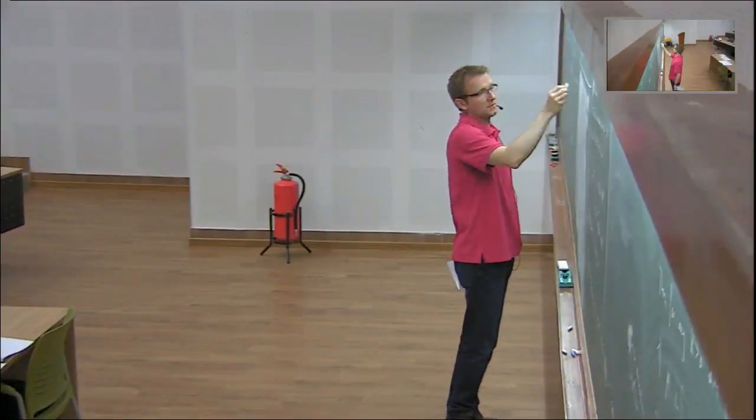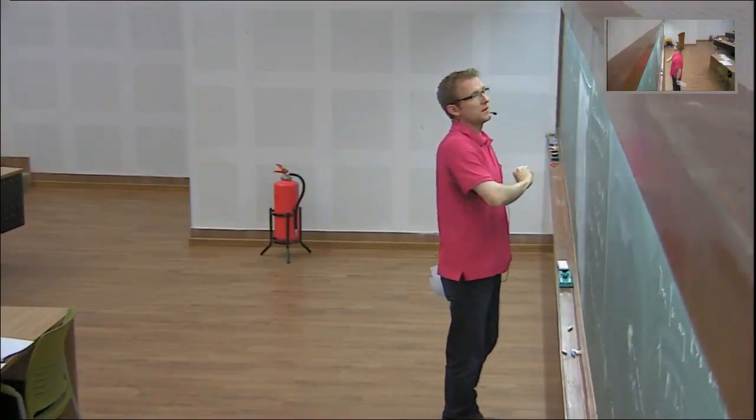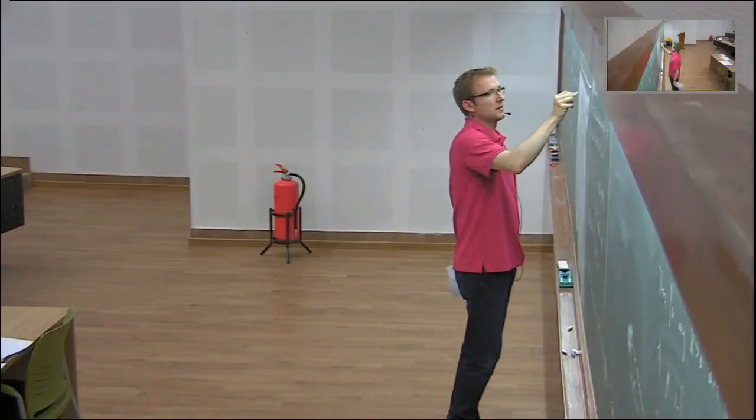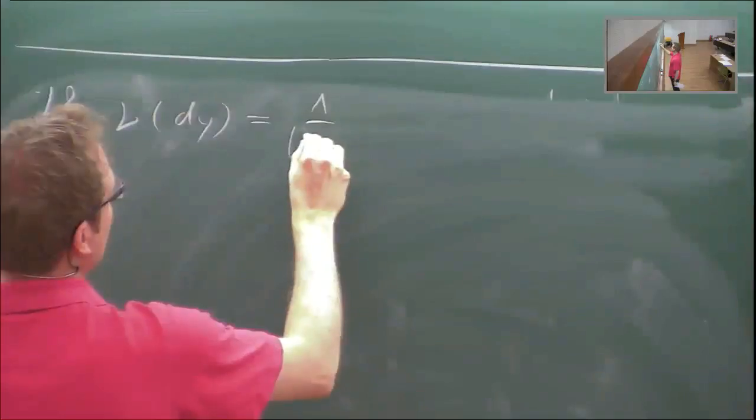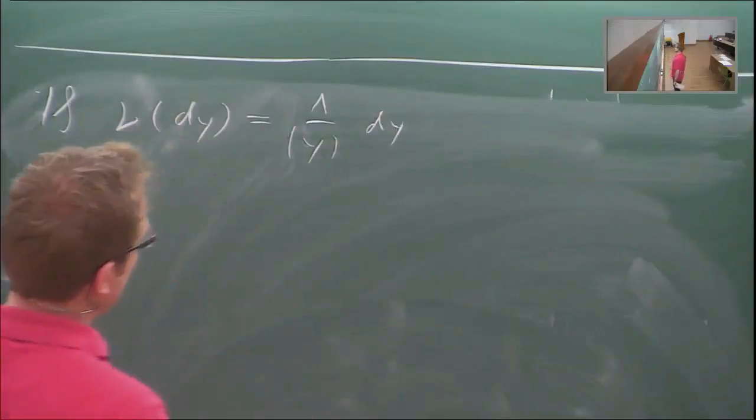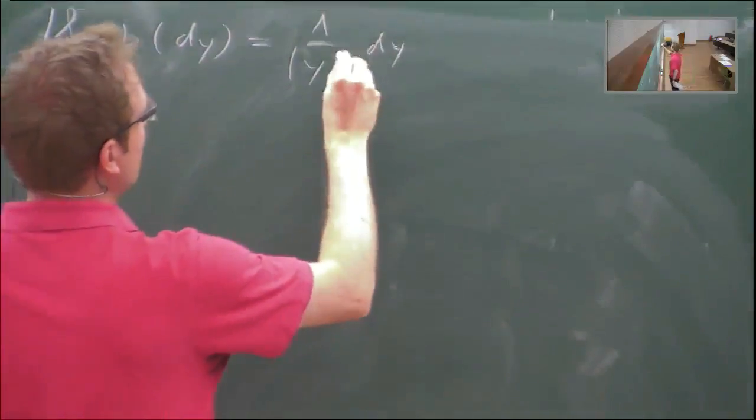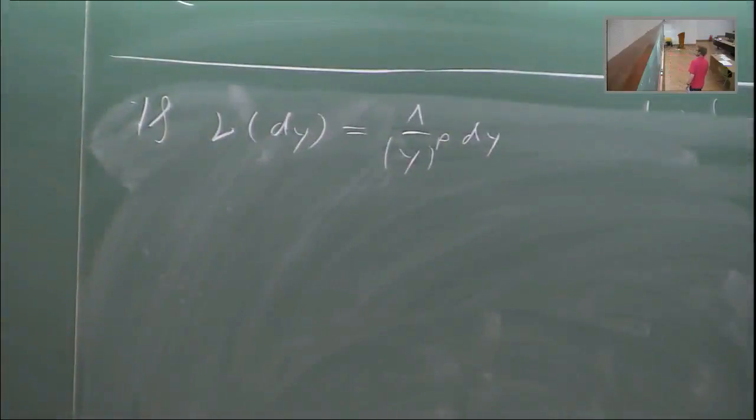Suppose nu has the following shape: nu of dy is, for example, 1 over y to the p dy.